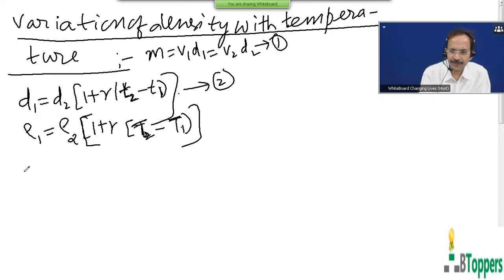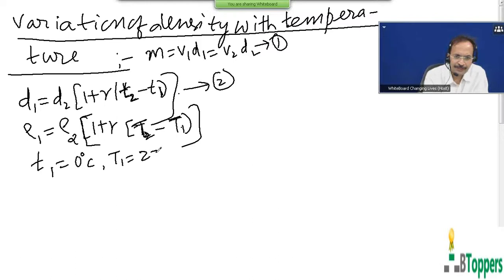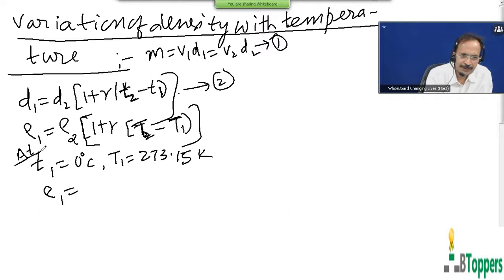So in some of the problems and experiments based on expansion of liquid, we write density in terms of density at 0 degree centigrade. Suppose we take T1 as 0 degree centigrade, or capital T1 as 273.15 Kelvin, or approximately 273 Kelvin, and density rho 1 means density at temperature 0 degree centigrade, usually denoted by rho naught or d naught.